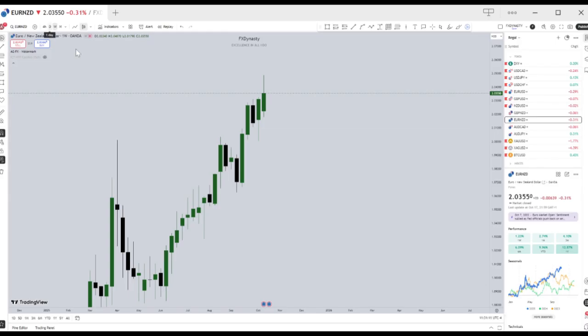So since we are moving up from this fair value gap, let's check the daily time frame to see if we have another order flow leg, because we have a swing low here already, so we should get an order flow leg from these two candles.